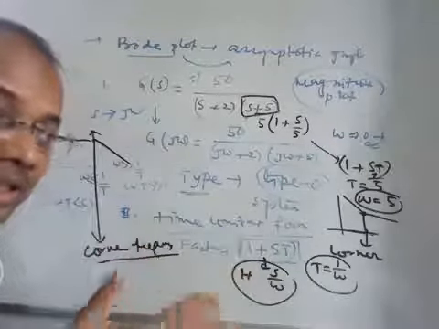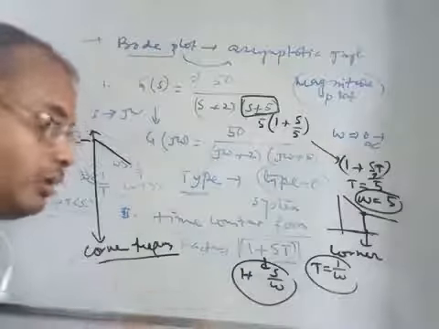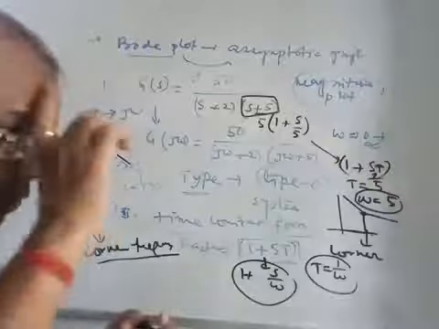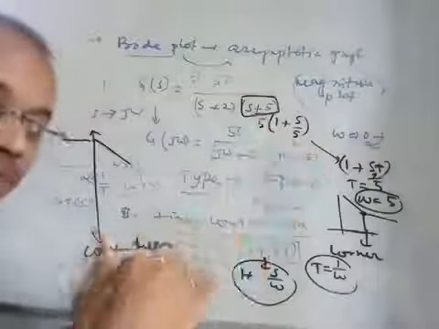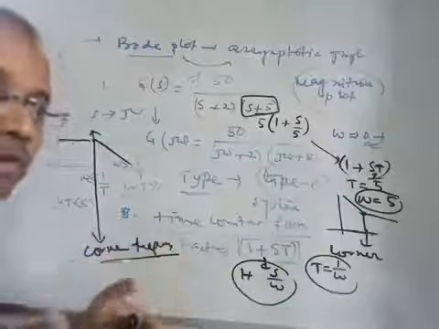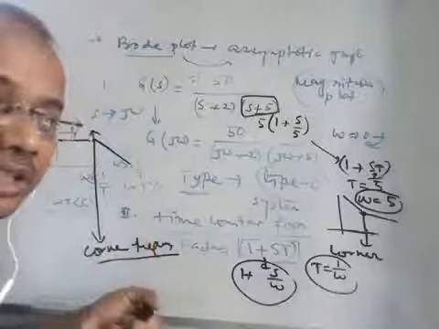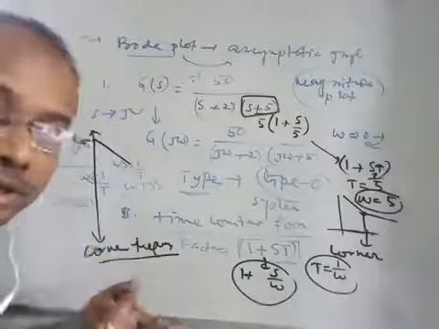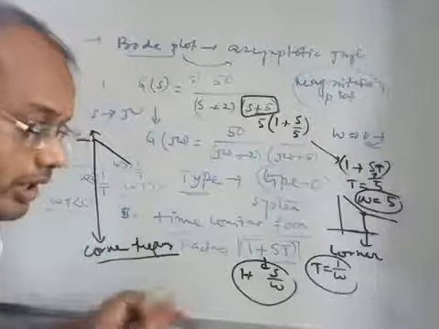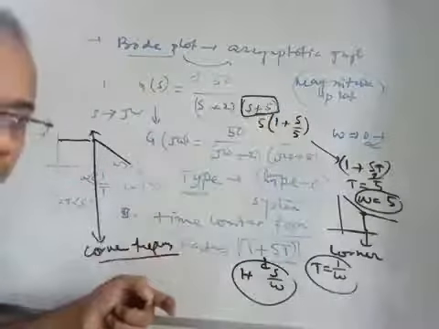Straight line approximation of the actual graph means we have to connect the defined slopes. Once the defined slopes are connected, the point where they meet is the corner frequency, and that must be known. So for getting the corner frequency, you have to express the factor in time constant form.